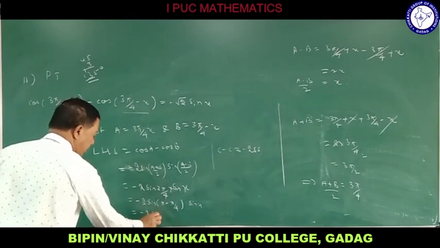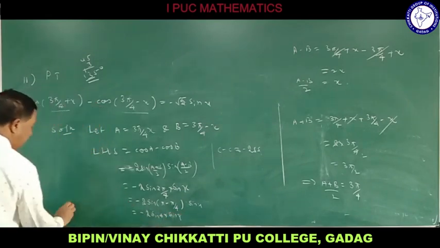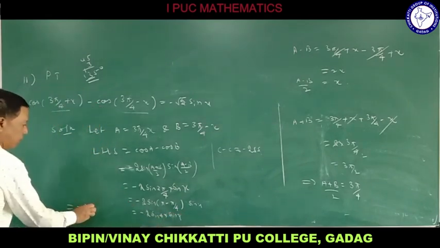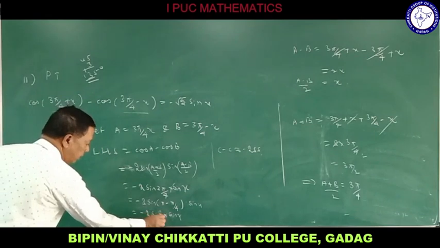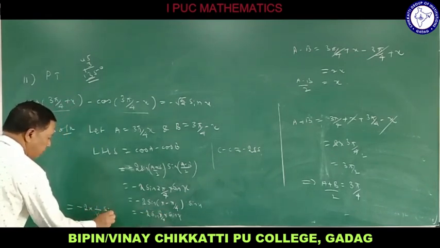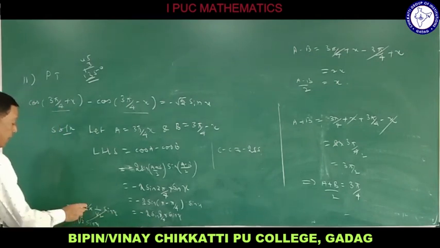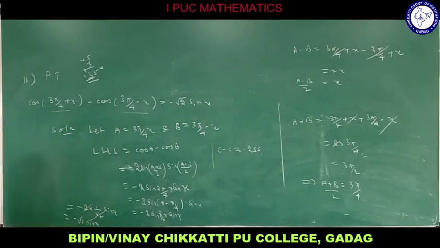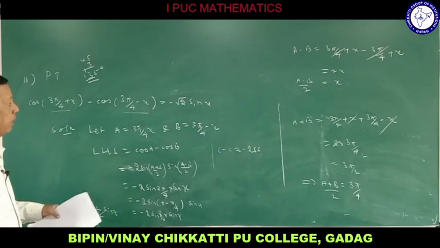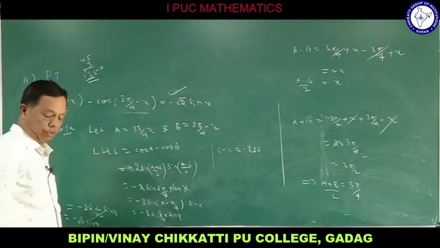So minus 2 sin pi by 4, which is 45 degrees, that is 1 upon root 2, into sin x. So this is cancelling, and considering that 2 can be written as root 2 into root 2, one root 2 is cancelled, and you will get the answer minus root 2 sin x. That is the result here.